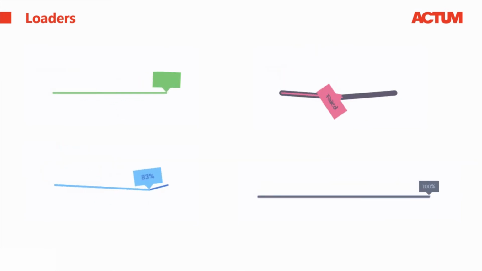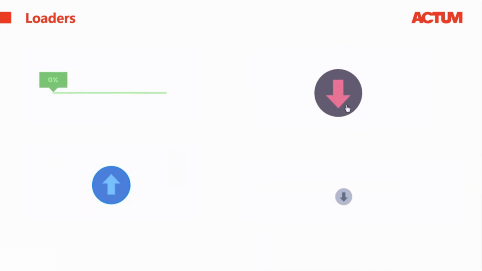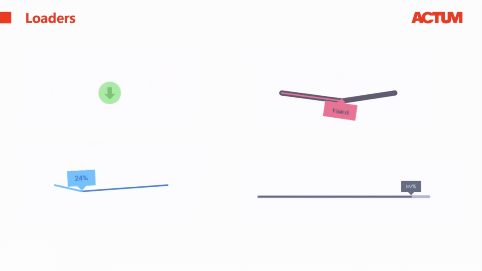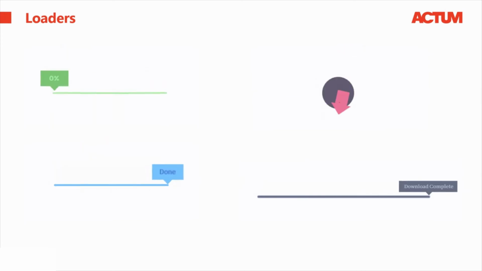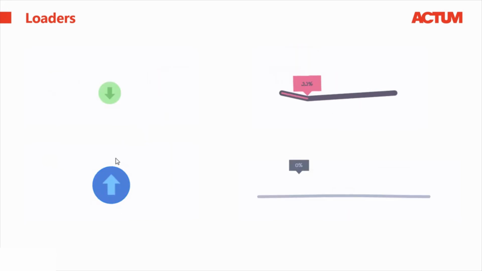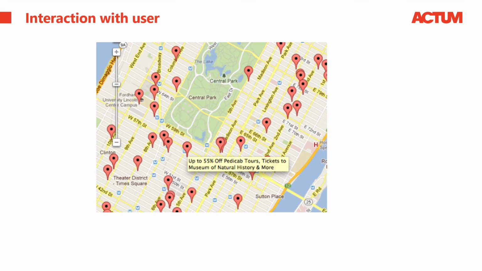Another example is interaction with the user. Users are very used to interacting. If you press something, you expect that you will feel the touch. That's not possible on a website. And I have a bit different example here. So imagine that this is a map of, let's say, stores, and you want to add your store there.